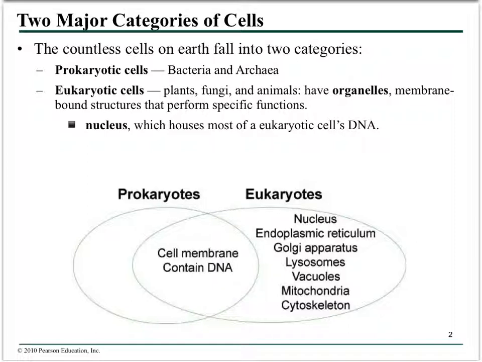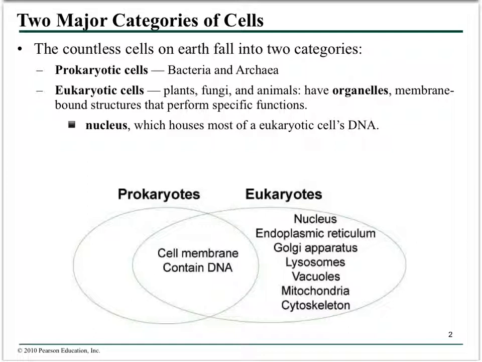This picture down here is a good picture to review later on because what it's showing you is prokaryotic cells do not have a lot of organelles. These are the two that are important.